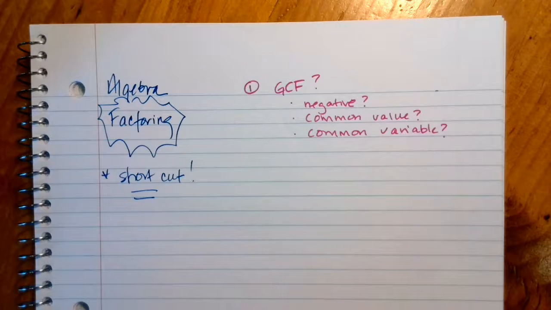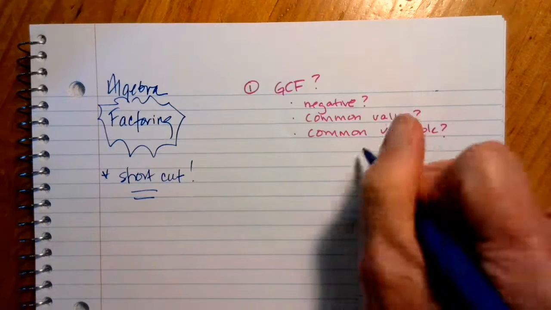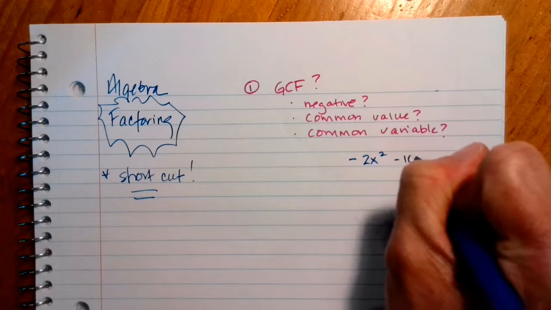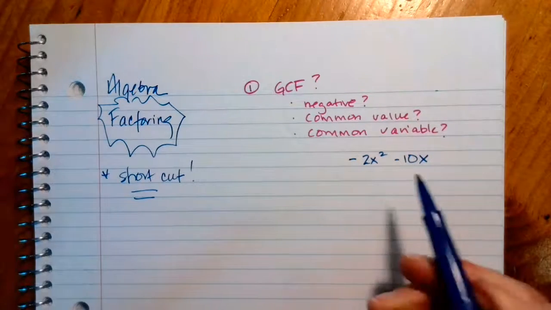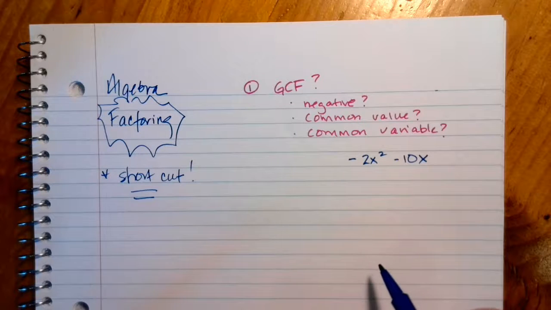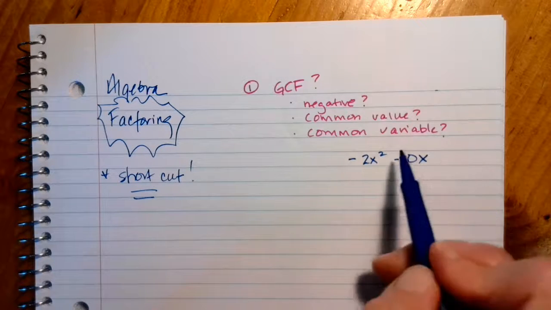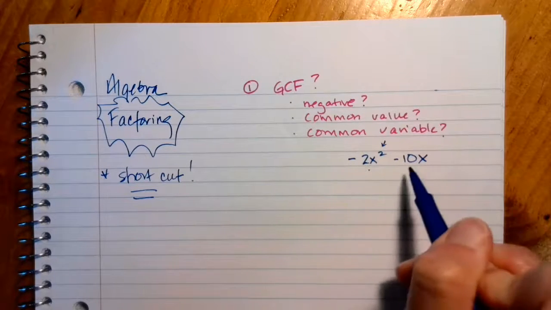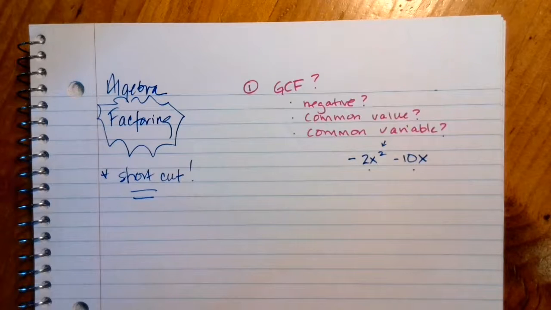So if you want to, we can go ahead and look at something that looks like this. 2x squared minus 10x. Could you classify this polynomial? That's right. It's a quadratic because we see the 2, and it's a binomial because there's two terms.